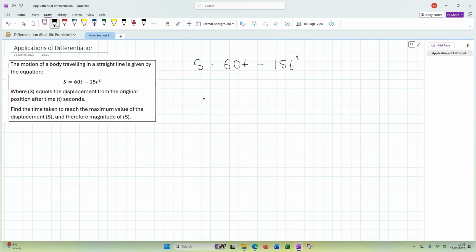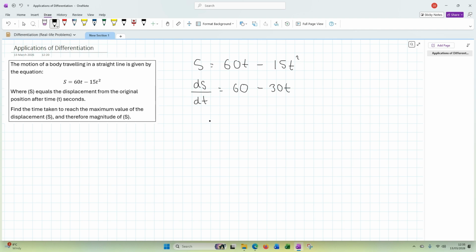Now let's take the derivative of s with respect to t. So 60t becomes 60 and minus 15t squared becomes minus 30t. Like I said, I am assuming that you have basic understanding of differentiation for basic expressions.